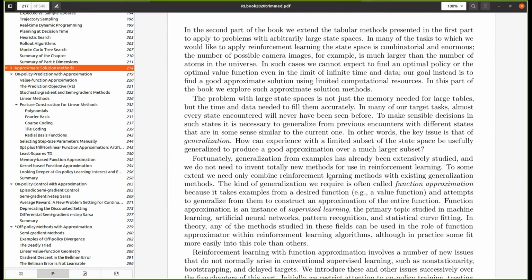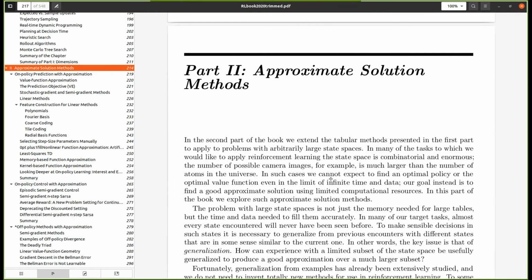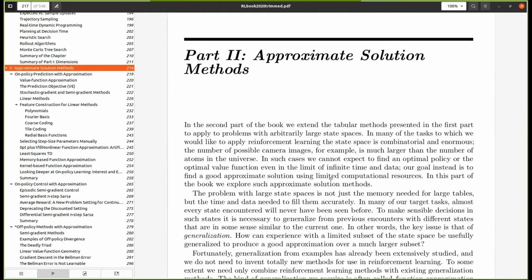So far we considered tabular methods, which are well studied and well understood theoretically, with nice convergence properties and solid proofs.